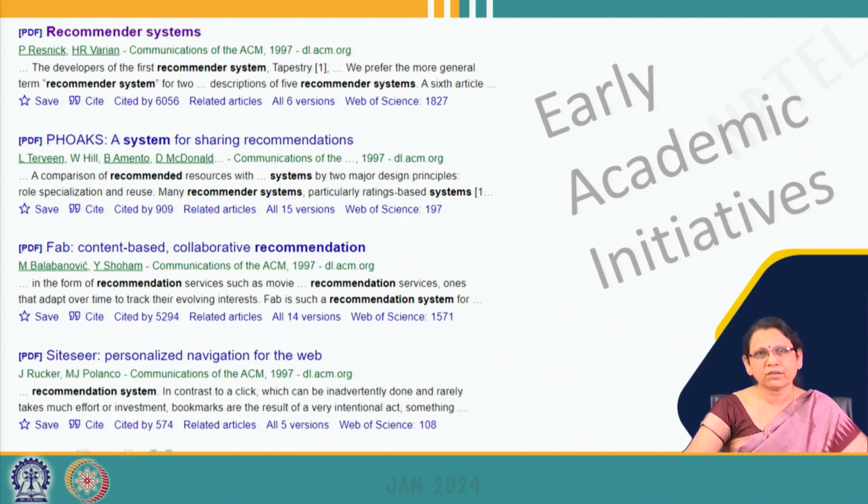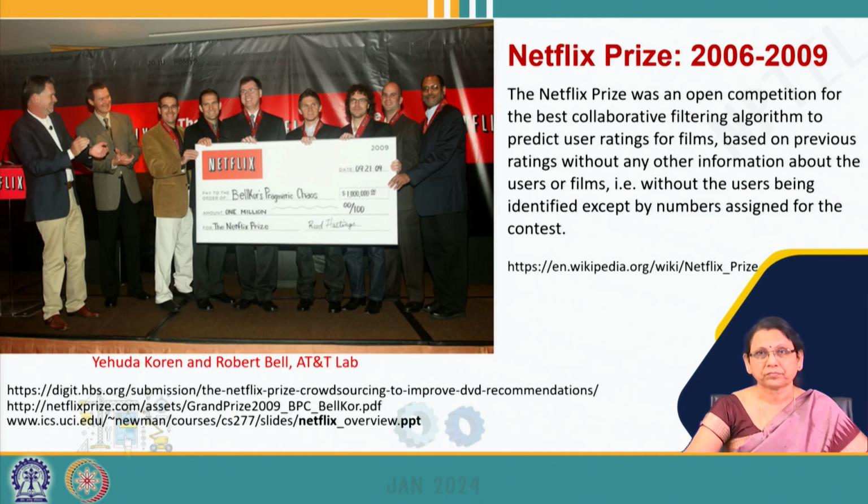Most of these date from the 90s up to 1997. If you look at today's world, we no longer have just these simple algorithms; we have large and sparse data sets, and because of that we also have algorithms using deep learning techniques.